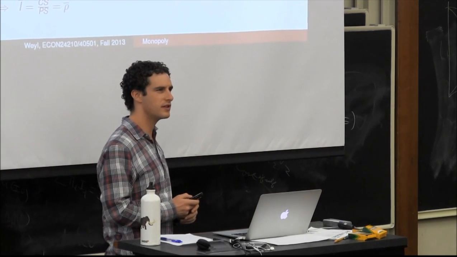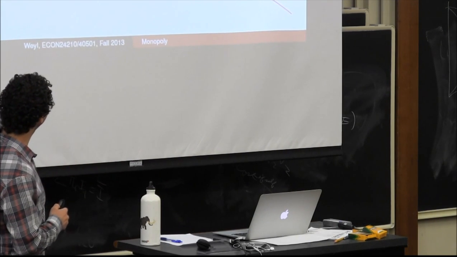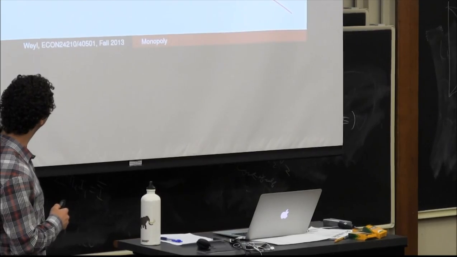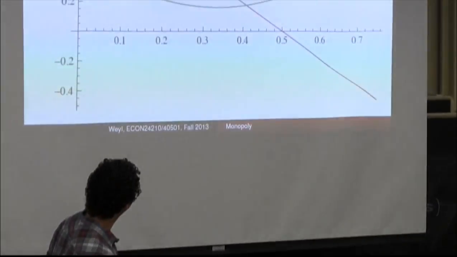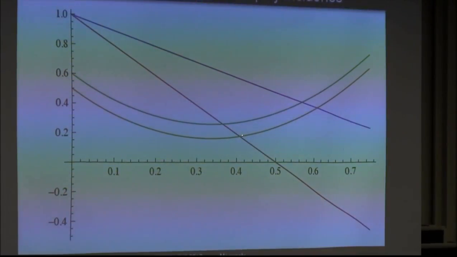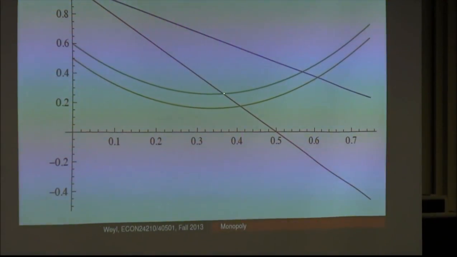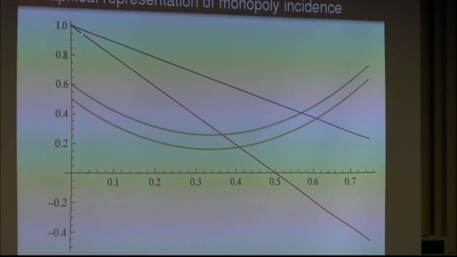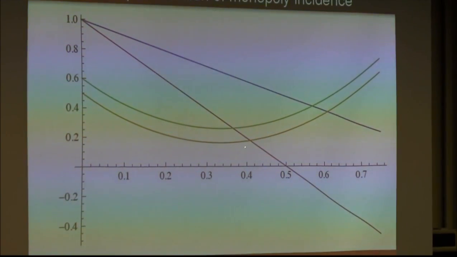Okay, so just to see how that works, imagine that we increase a tax on the firm by 1 unit. That'll cause the firm to move its quantity from here to here, right? But how much profit does it cause the firm to lose? Well, remember, the profit is the area between marginal revenue and marginal cost.